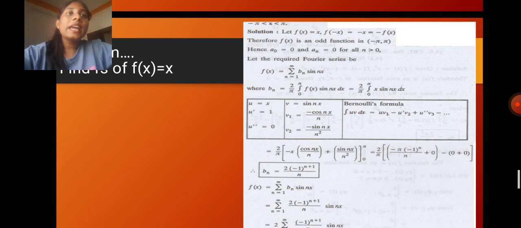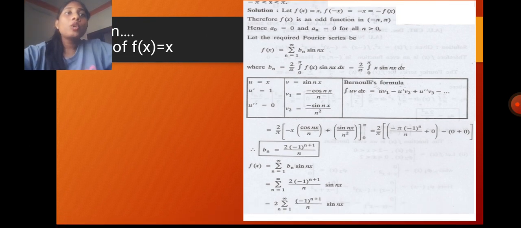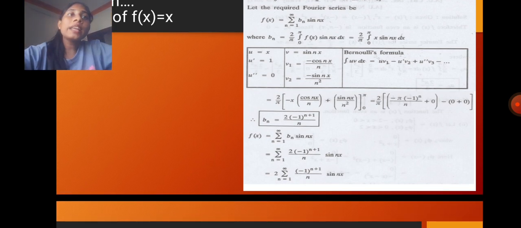Now we should find bn, where bn is 2 by pi times the integral from minus pi to pi of f of x sin nx dx, which is 2 by pi times the integral from 0 to pi of x sin nx dx. Here u is x, u dash is 1, u double dash is 0, v is sin nx, v1 is minus cos nx by n, and v2 is minus sin nx by n square.